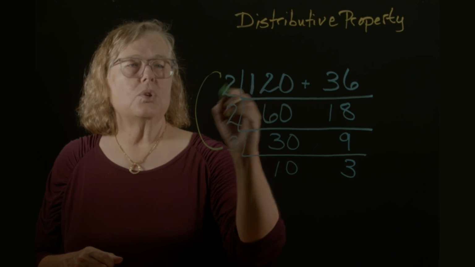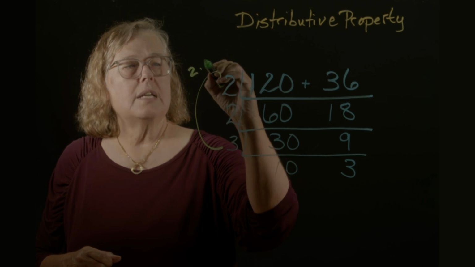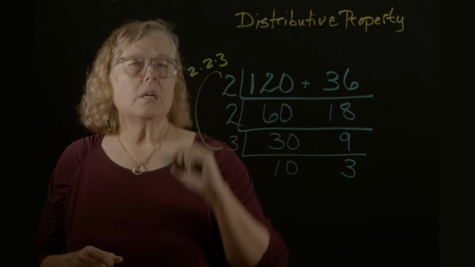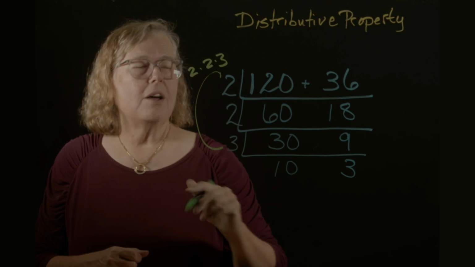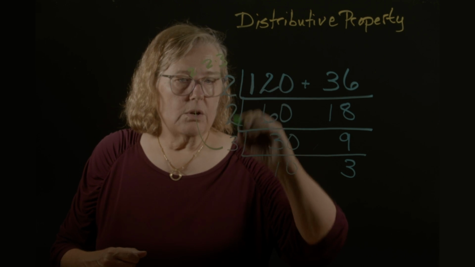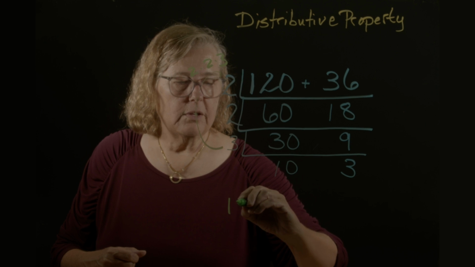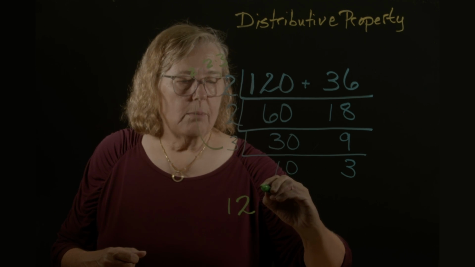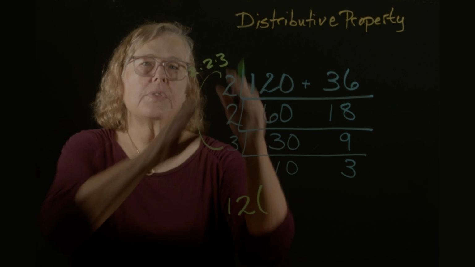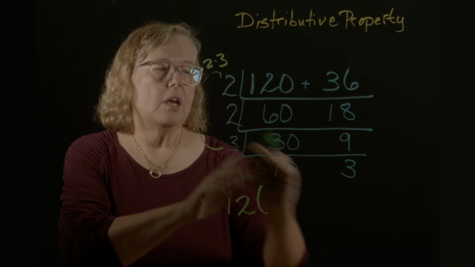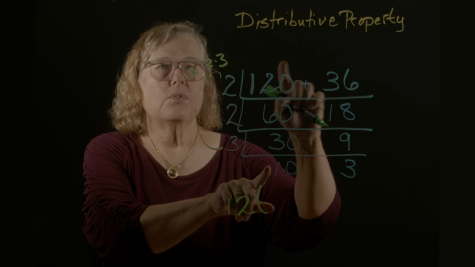So what is 2 times 2 times 3? 2 times 2 is 4, times 3 is 12. Nice job. So underneath here, I'm going to put 12. I'm going to draw my parenthesis. And then I just bring down the leftover factors. These are the greatest common factors, and these are the other factors for these numbers.